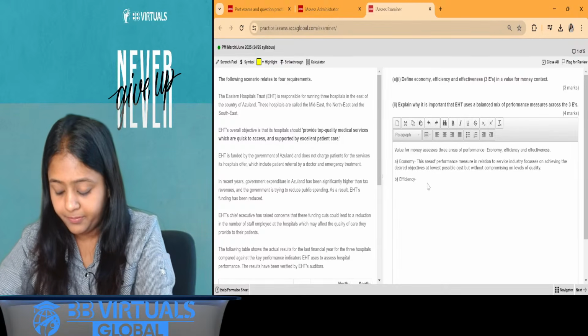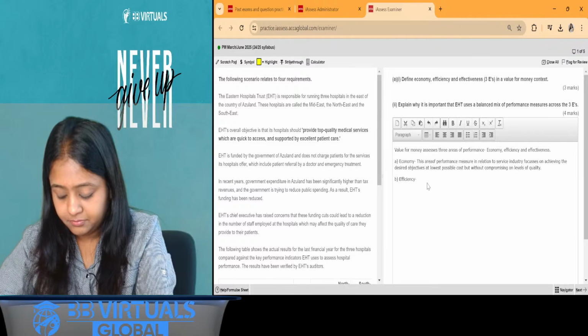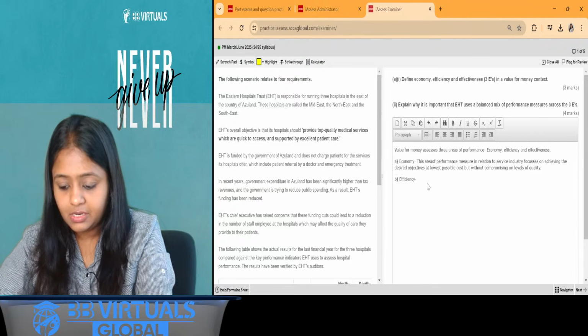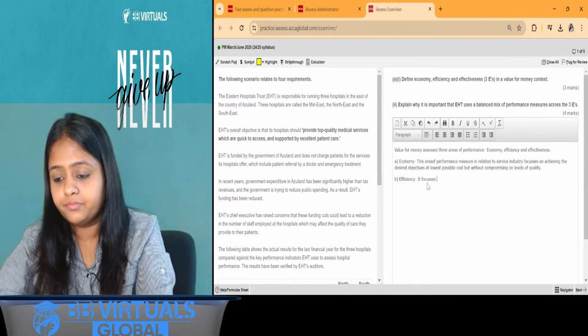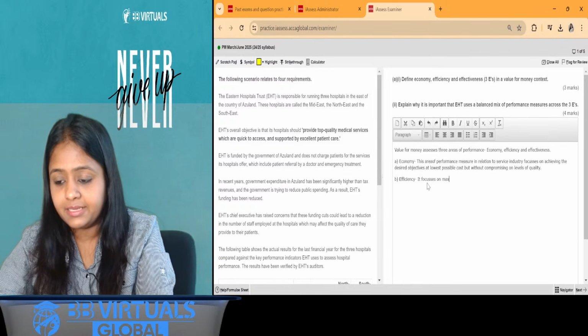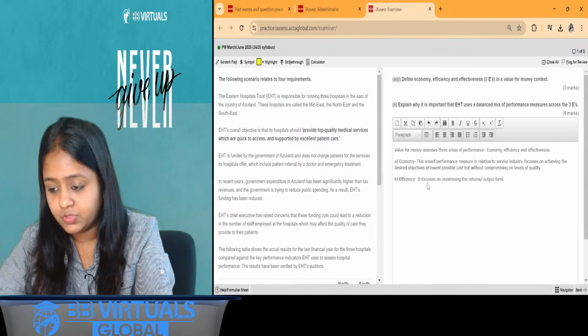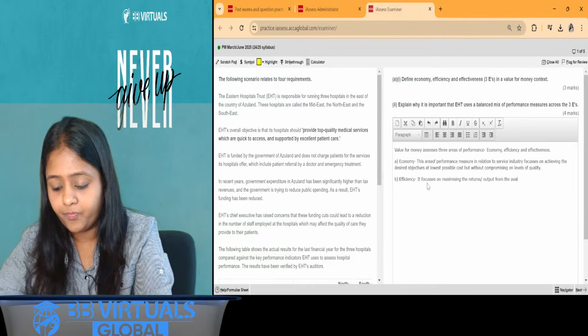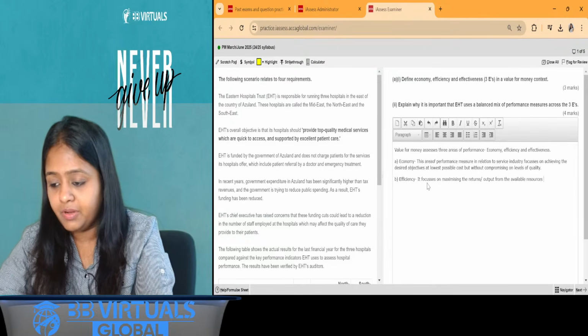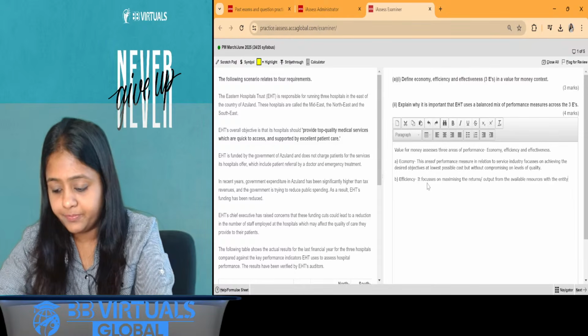So now here it focuses on maximizing the returns or output from the available resources, the available resources with the entity.